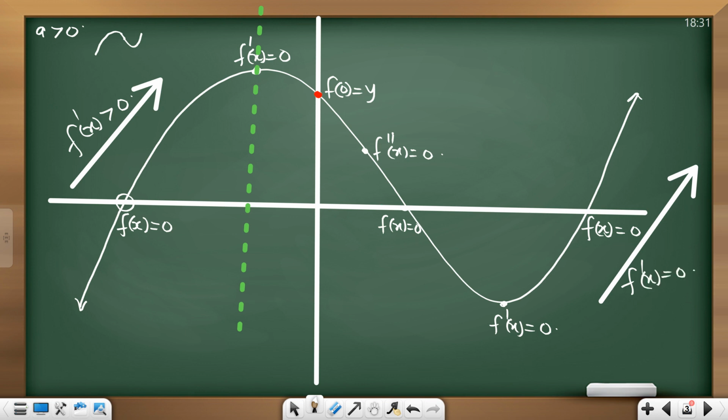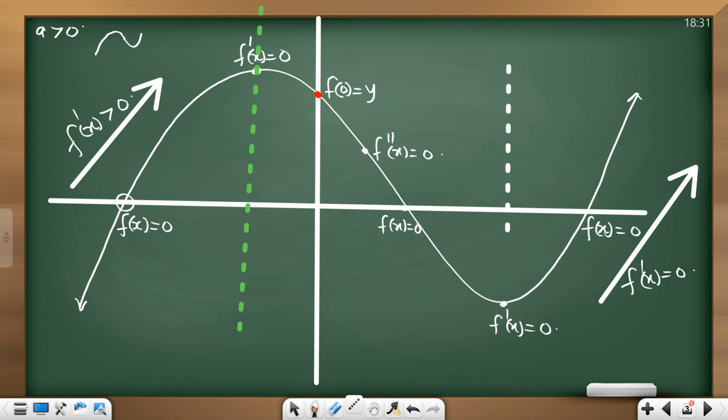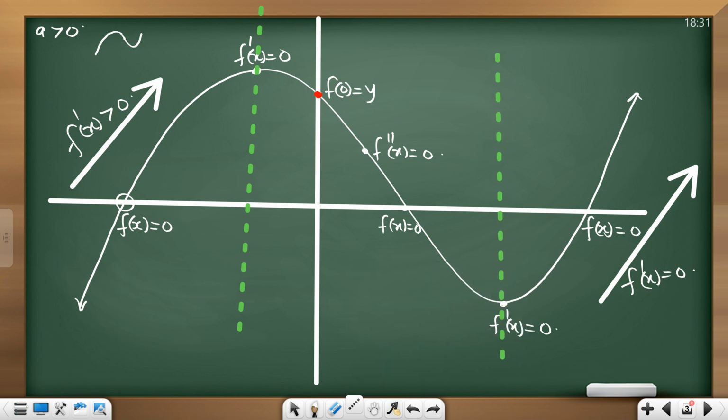Oh, this is so beautiful. Now, what do you have between the turning points? Between these two? The decrease in what? Gradient. So, f prime of x is less than what? 0. I said equal to. It has to be what? Greater than 0.